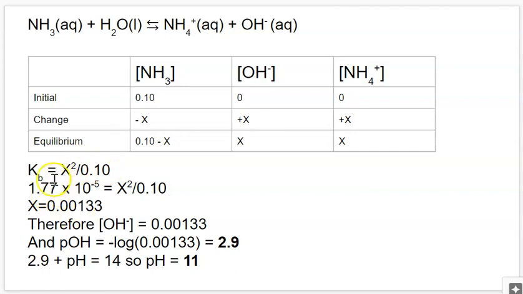We can plug in our Kb and then solve for x, which in this case is 0.00133. And then I can plug that in as a hydroxide ion concentration into the pOH expression, and I end up with a pOH of 2.9. And since the problem also asked me to calculate pH, I can just use the pH plus pOH equals 14 expression and subtract the pOH from 14 to get the pH, which in this case with 2 sig figs is going to be 11.